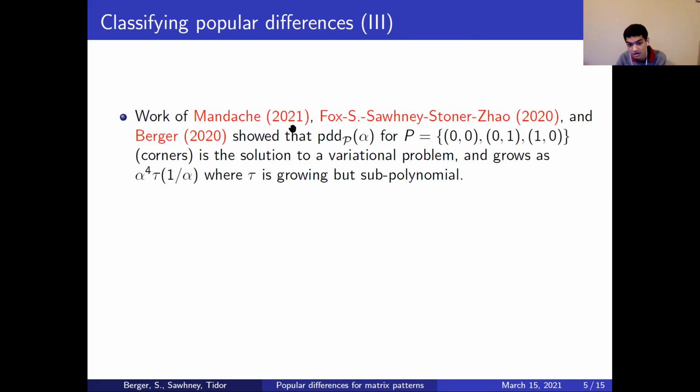in this order, showed that this popular difference density for corners, which is explicitly represented by this pattern, A plus D times these 3 points, is the solution to a variational problem, first of all. And it turns out that the solution to this variational problem grows roughly as alpha to the 4th, but actually it's not exactly alpha to the 4th.